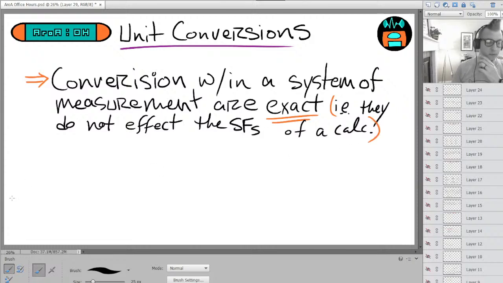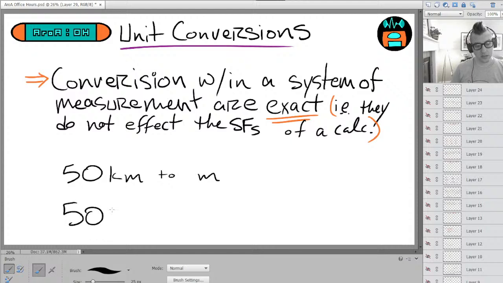So for example, if I asked you to convert 50 kilometers to meters, here's how you'd go about doing it. You want to set up what is known as a unit conversion, which is a ratio. You want kilometers to cancel, so we put kilometers in the denominator.